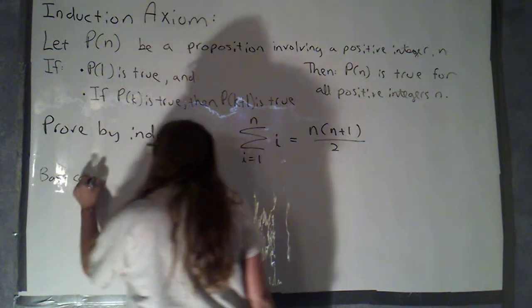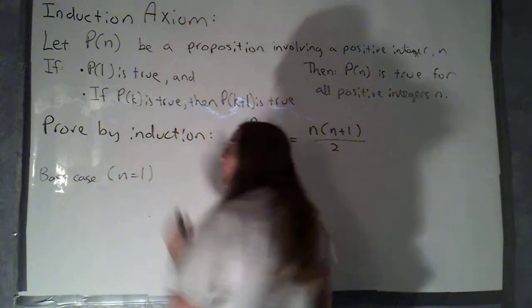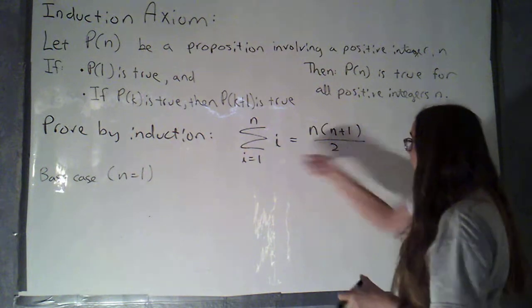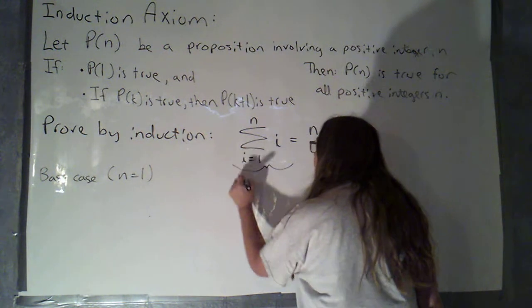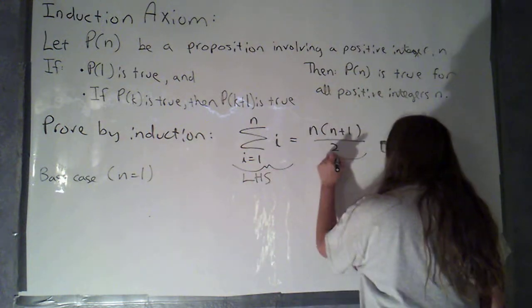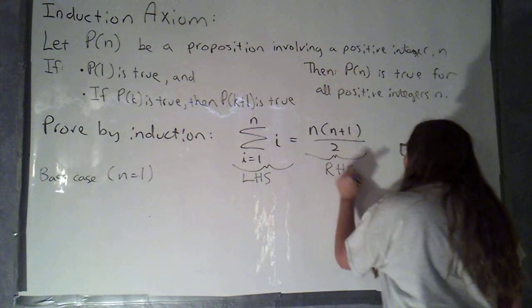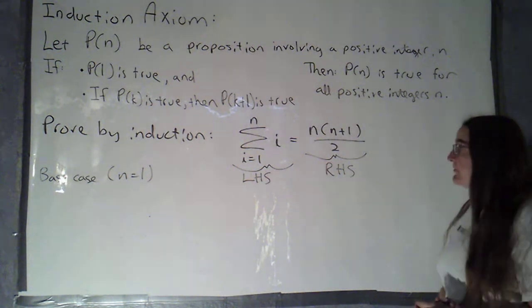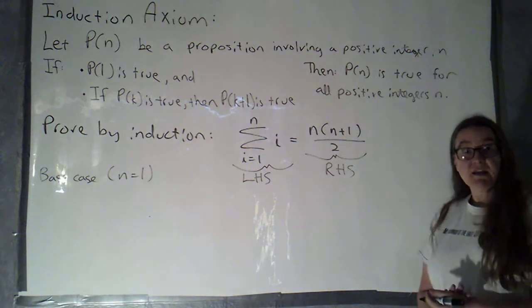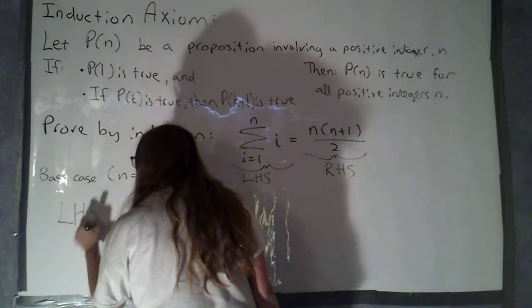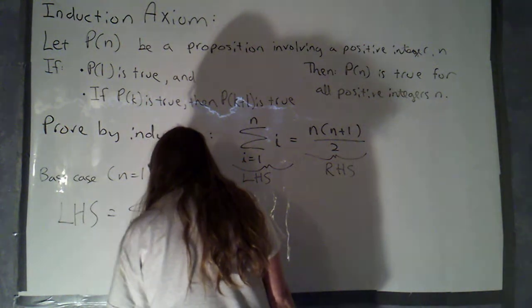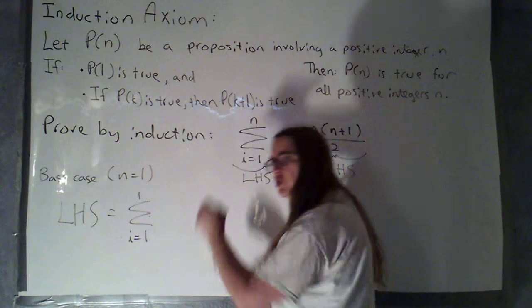The base case is going to be when n is equal to 1. So I need to prove that this formula is valid in that one specific case when n is equal to 1. Now, it's an equation that has a left-hand side and a right-hand side, so I'm just going to simplify what each side of the equation is if n happens to be 1. So the left-hand side would be the sum, as my index goes from 1 to 1, of i.